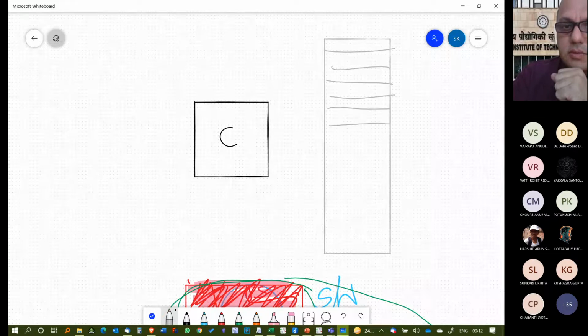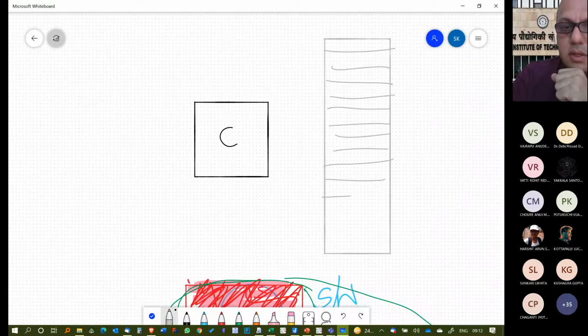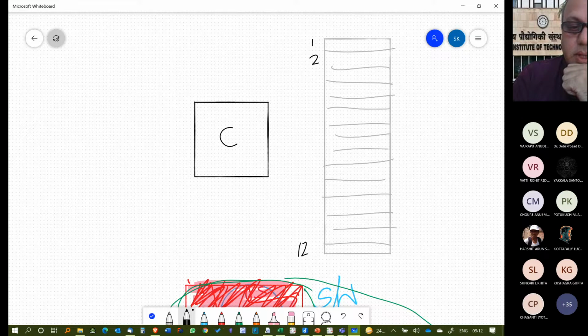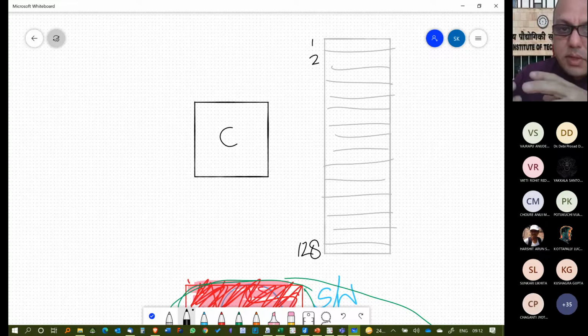Forgive the indifferent lines I'm drawing. And if I have, let's say, up to 128, I don't like to start with 0 and end with 127, because then I have to constantly subtract. So let's number it 1 to 128.